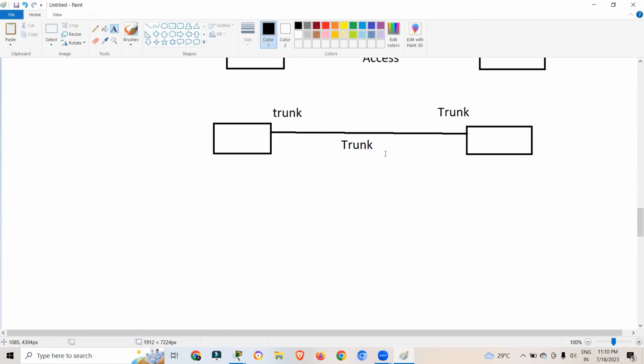I already did this practical in our yesterday class, if you remember.